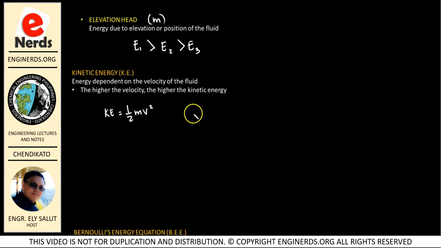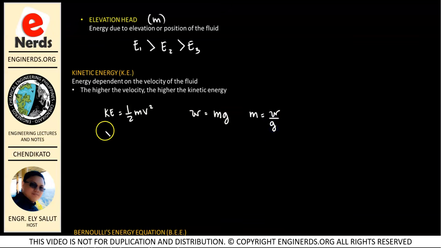Okay, so we know that weight is equal to mass times the acceleration due to gravity. So therefore, we can convert this mass into weight, no? So we have mass is equal to weight over the acceleration due to gravity.